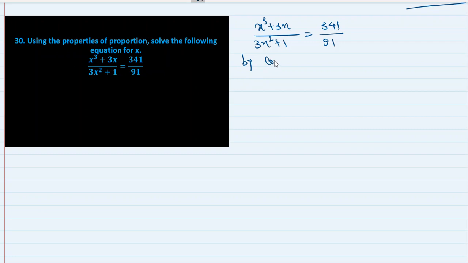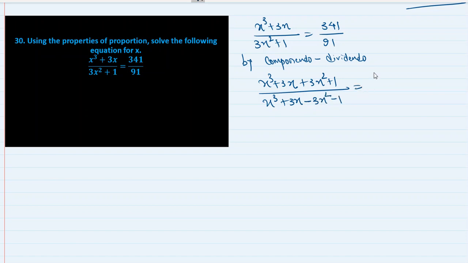By componendo dividendo, we get x cube plus 3x plus 3x square plus 1 upon x cube plus 3x minus 3x square minus 1 is equal to 341 plus 91 upon 341 minus 91.